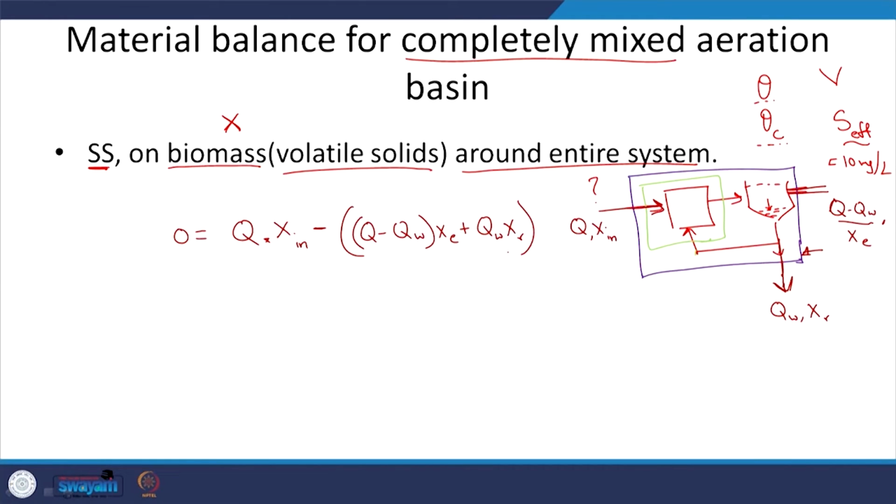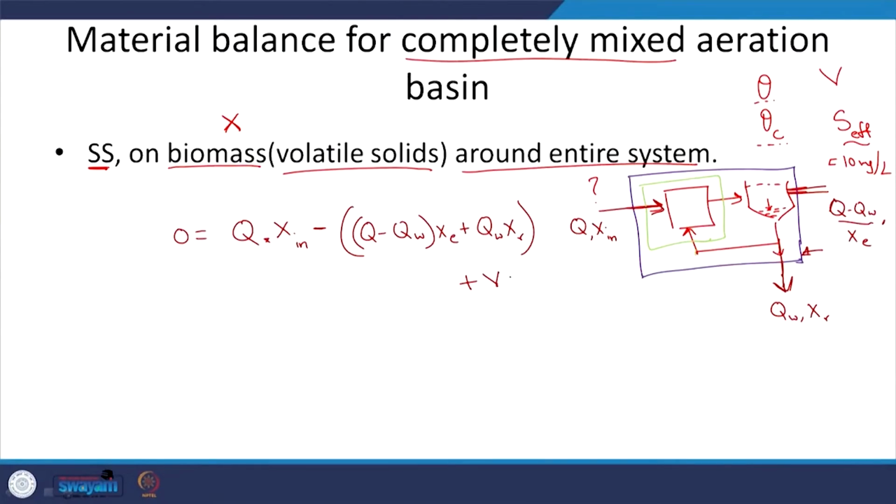Are there any reactions occurring that can change the system or affect the microorganism concentration in the system? Yes, we know that microorganisms are consuming food, and then cell synthesis and growth, let us say. I should not use the term reproduction, and also they are dying too, there is decay too.